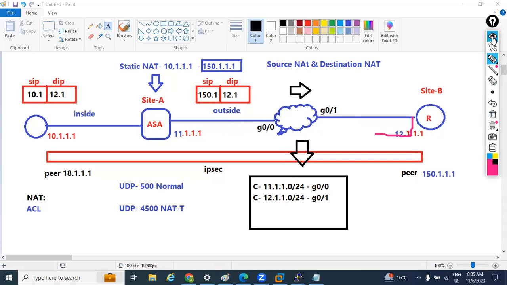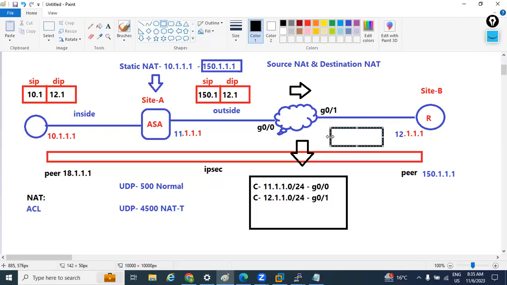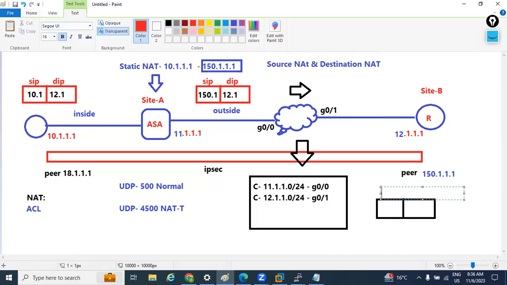After that, when it's time to reply, what would be the source IP? This is the header during the reply. I'll mention it here. This is the source IP, destination IP.